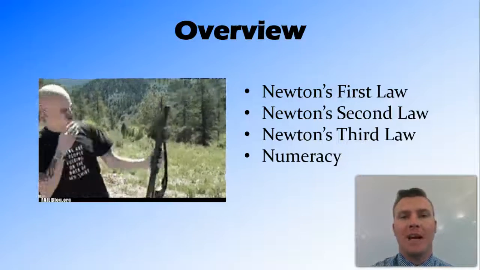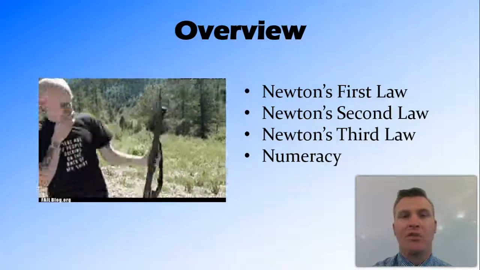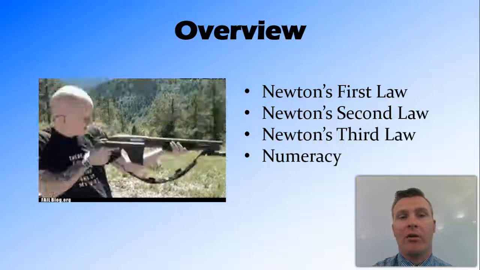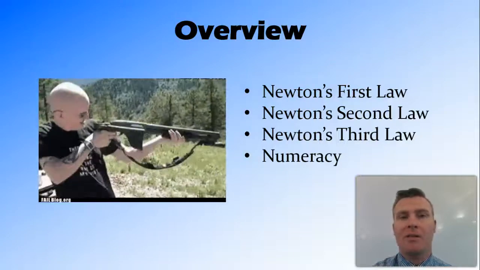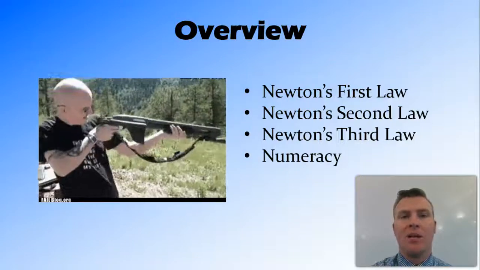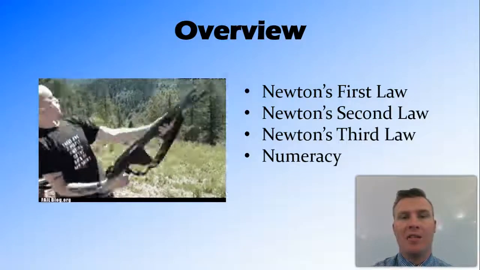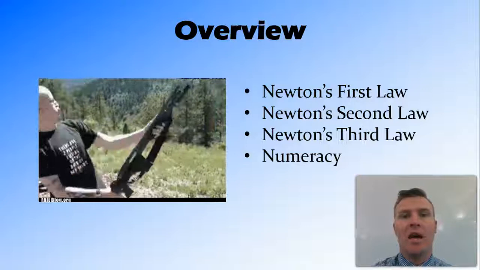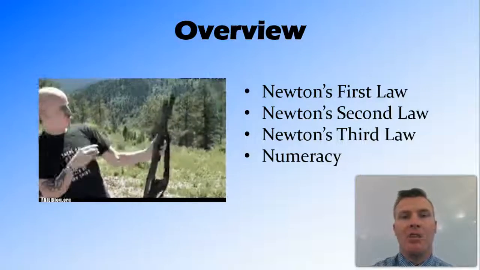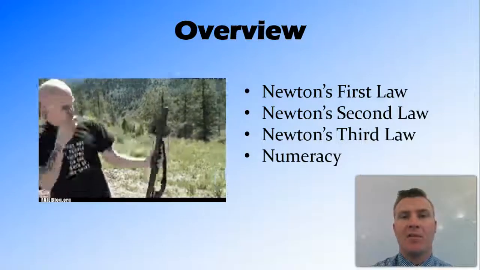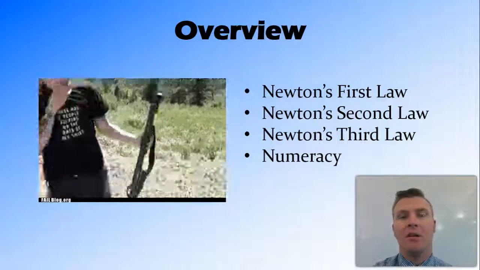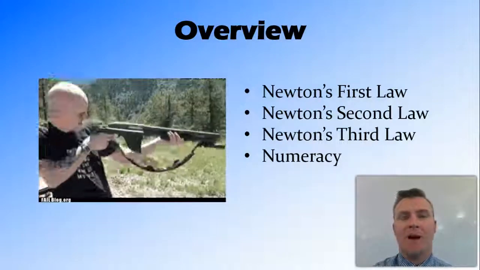We then looked at a couple of examples of action-reaction pairs, and we looked at recoil when firing weapons, and we saw that as you increase the mass of the rifle, you decrease the amount of acceleration or the recoil, and I also mentioned that if you increase the mass of the projectile, you will increase the amount of recoil.